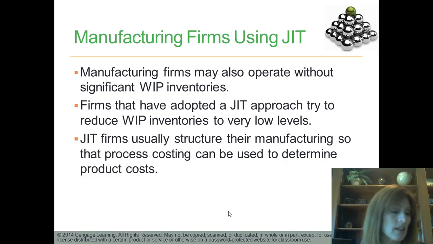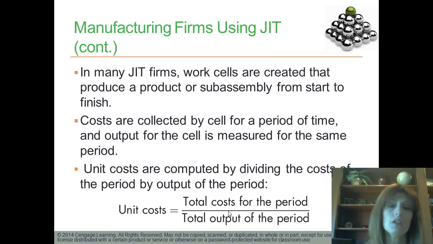So just-in-time is certainly congruent with process costing, and it's a way for us to track those costs that go through the process. When we have just-in-time, very often we have cells rather than departments. We would collect the cost by cell and then transfer them from one cell to the other. And again, we can take our total costs and divide by the output.